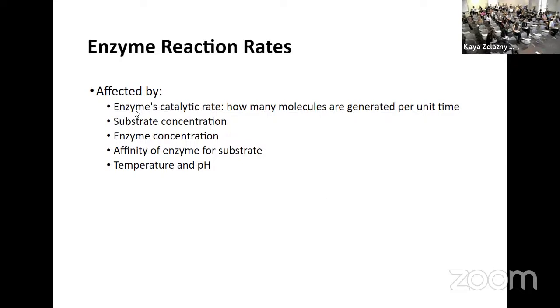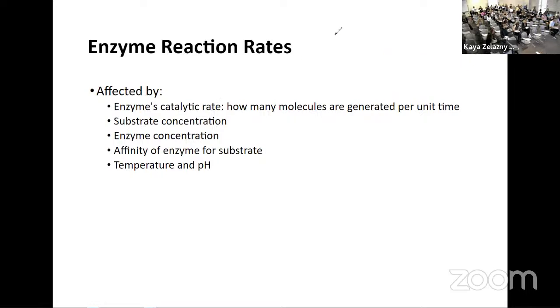The first piece, the enzyme's catalytic rate, is just how fast that individual molecule works. So how many times per second can this enzyme take our little sphere and turn it into a triangle? That would be the enzyme's catalytic rate: the number of molecules generated per unit of time.